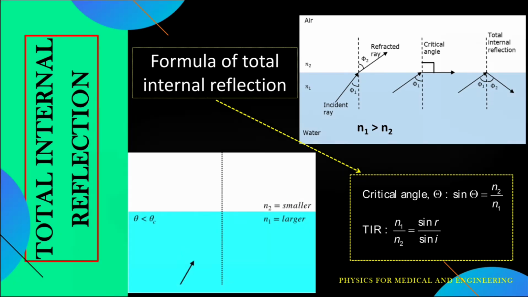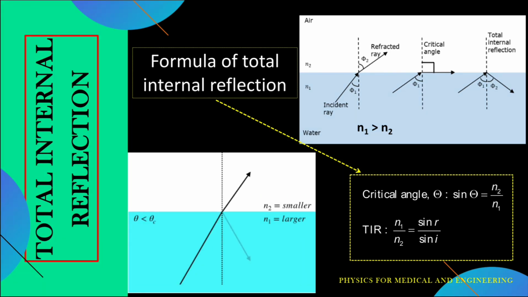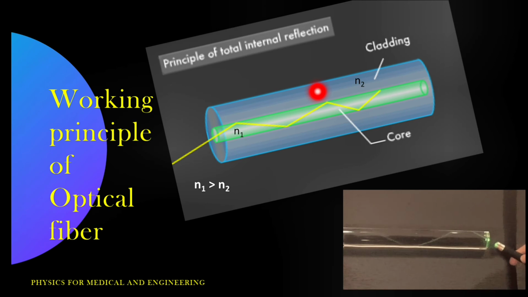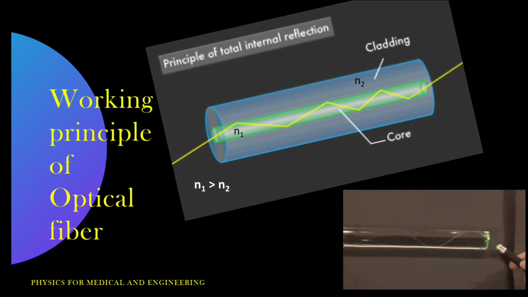Now, this is the formula to find the critical angle for total internal reflection. Anytime we talk about light, it seems refractive indices come up and optical fibers are no exception. The core and the cladding of optical fibers have different refractive indices. The core has a higher index of refraction than the cladding, and therefore when light enters the core, it stays inside the core due to the total internal reflection phenomenon.